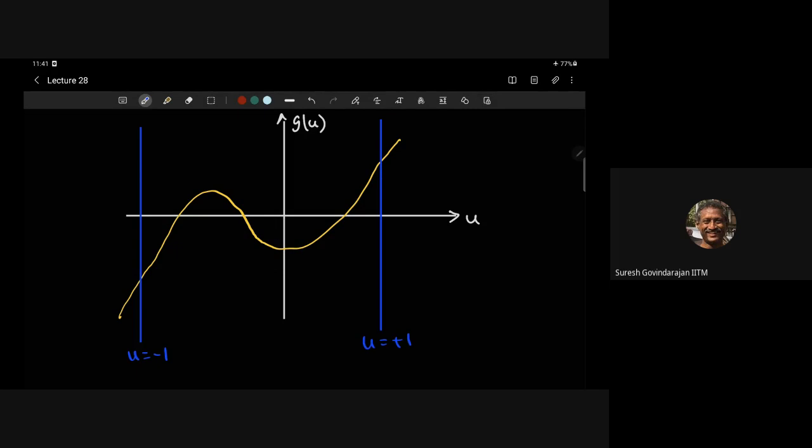So here there are 3 zeros, and I've drawn the case where all of them are real. In this setup there are 3 turning points.